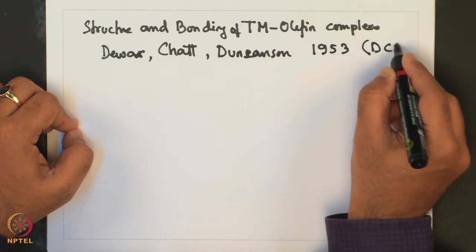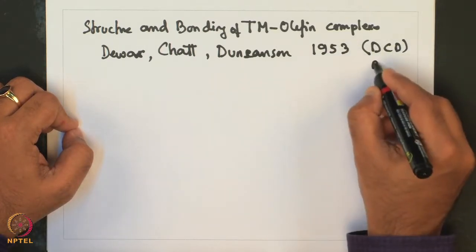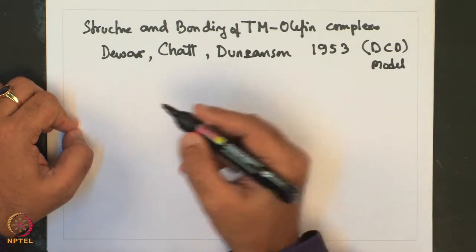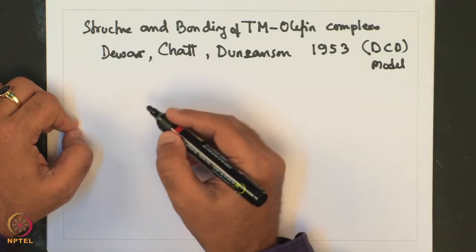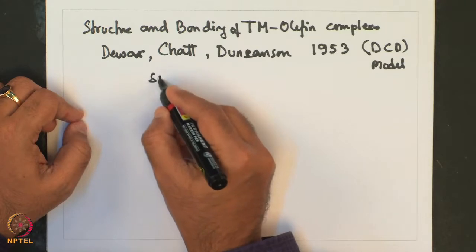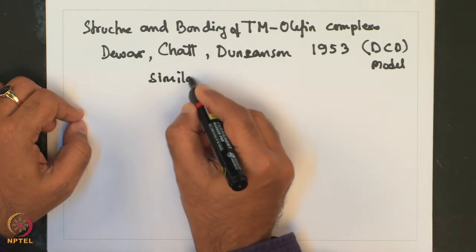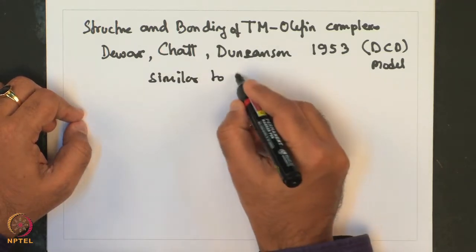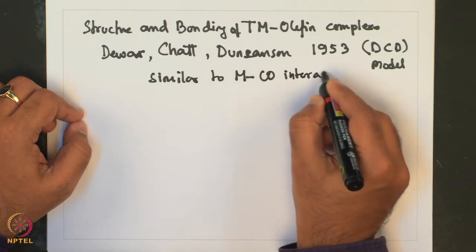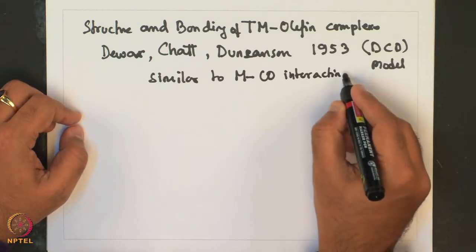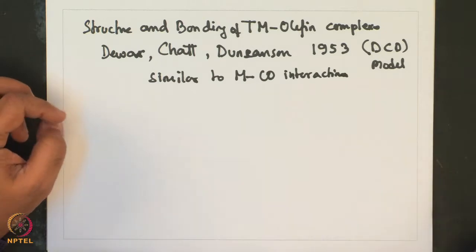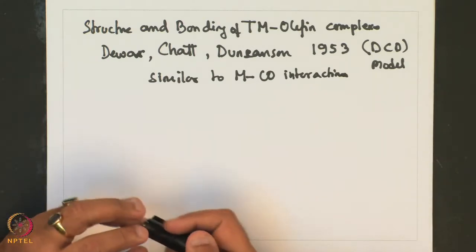This is called the DCD model, and this model was developed similar to the metal carbonyl moiety, that is, to that of metal-CO interaction, but changing the ligand orbital on going from CO to an olefin.